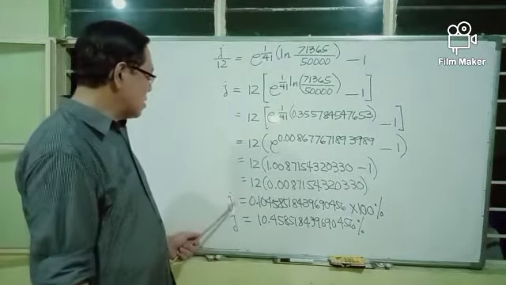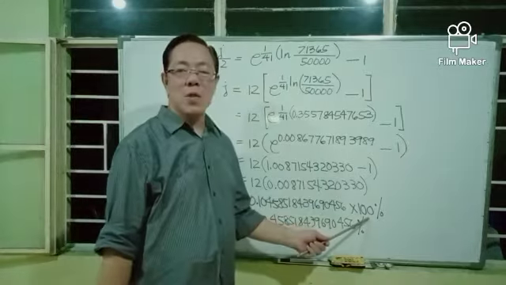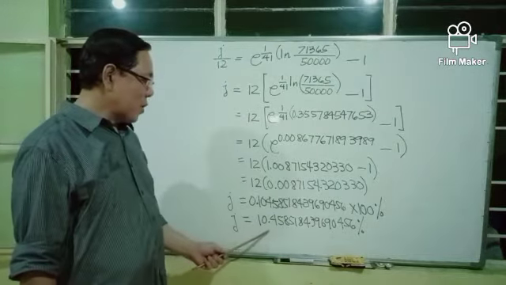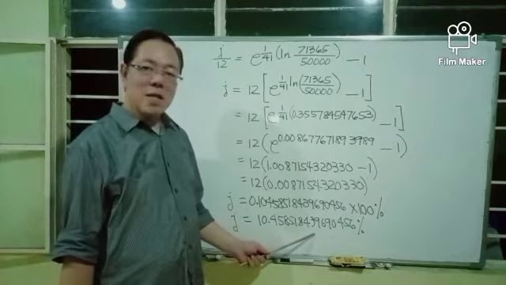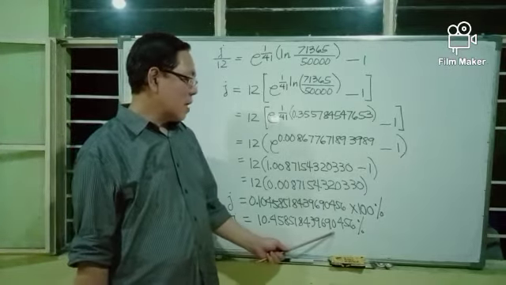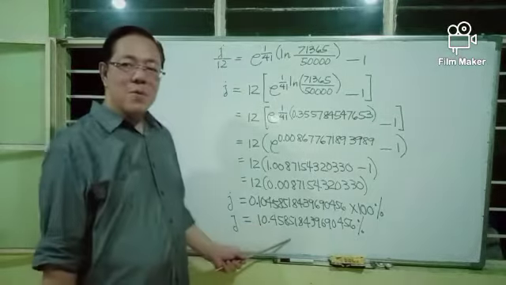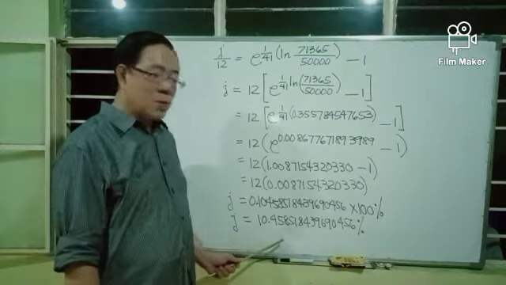We multiply the interest rate in decimal number by 100% to convert to percentage, and we get 10.458518439690456%. Now you round this to 2 decimal places.